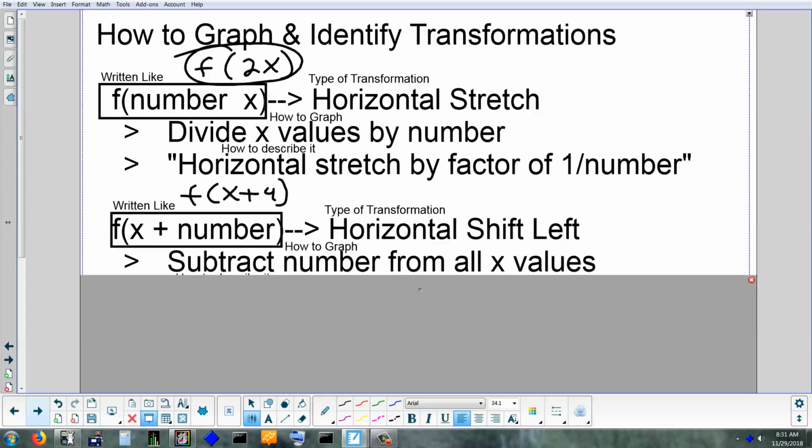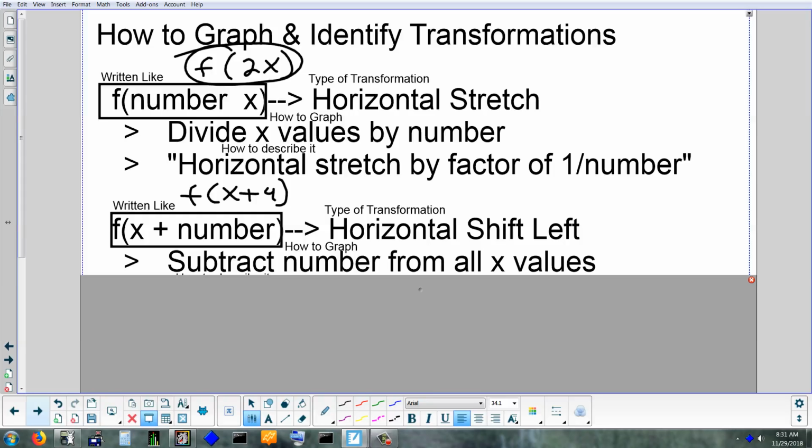And the way you handle that one is you subtract the number from all the x values. You're going to kind of notice that all the horizontal stuff is like backwards from what you would think you do. The vertical stuff is pretty much what you see is what you do. There's not too much tricky about vertical. But horizontal, it's like everything is backwards. That's just how it works.